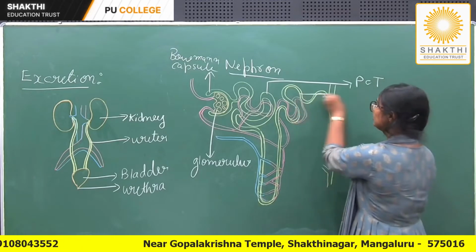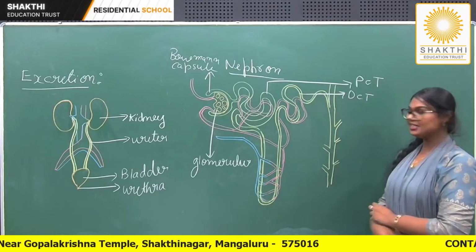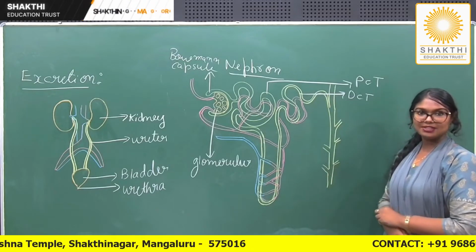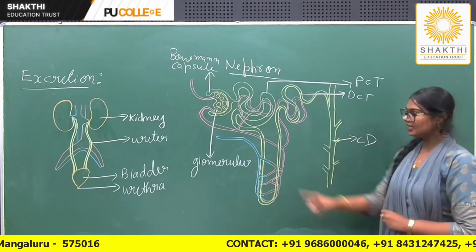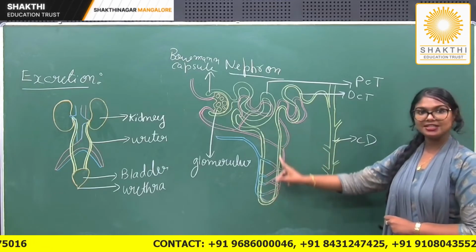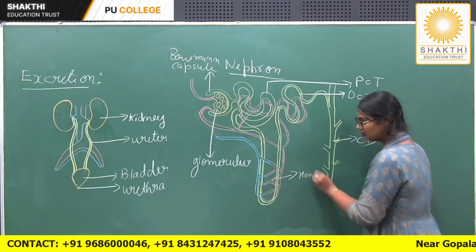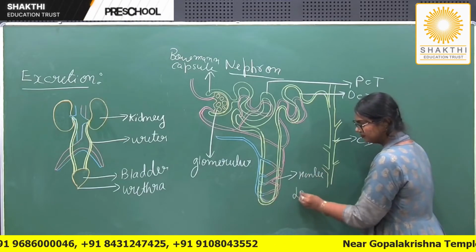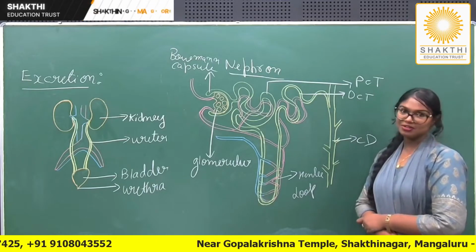This region is called DCT. And finally, we have this pipe which is called the collecting duct. This U-shaped structure is called the Henle's loop. So these are the parts of nephron.